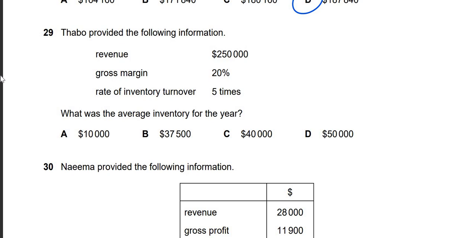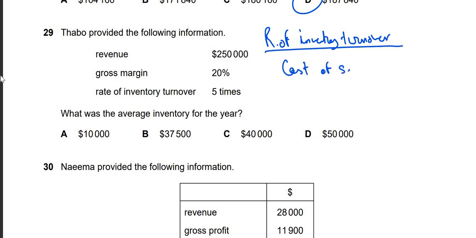Question 29. Sabu provided the following information. What was the average inventory for the year? So look, first of all, let's find out rate of inventory turnover. That's cost of sales divided by average inventory.